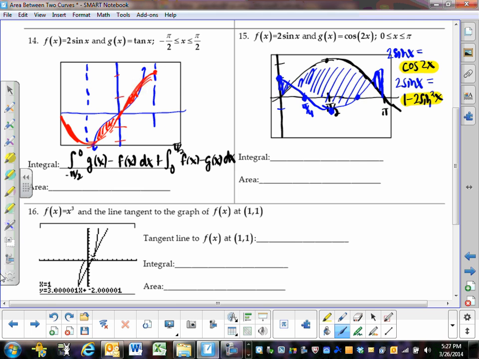So that means that I would have 2 sine squared x plus 2 sine x minus 1 equal to 0. This factors as 2 sine x plus 1 times sine x plus 1 equals 0. Actually, I'm trying to think if that actually will factor.